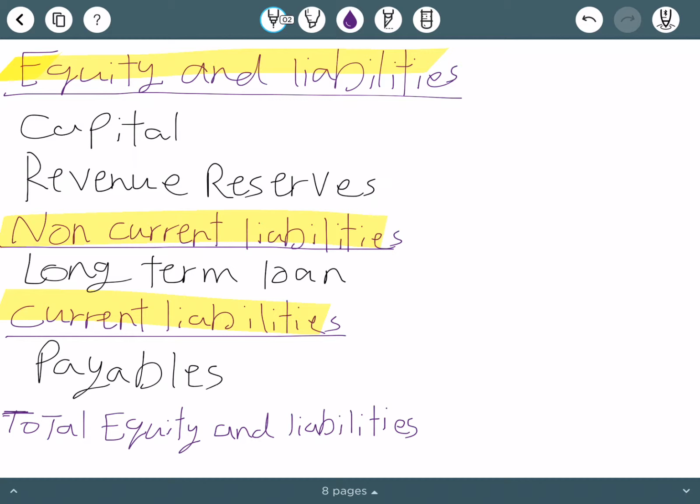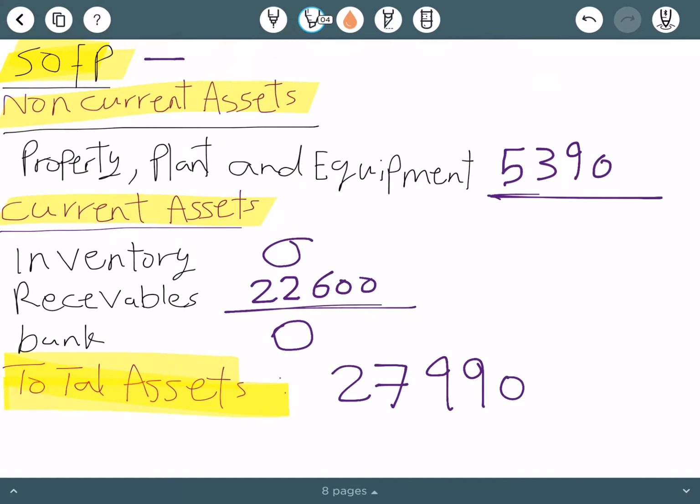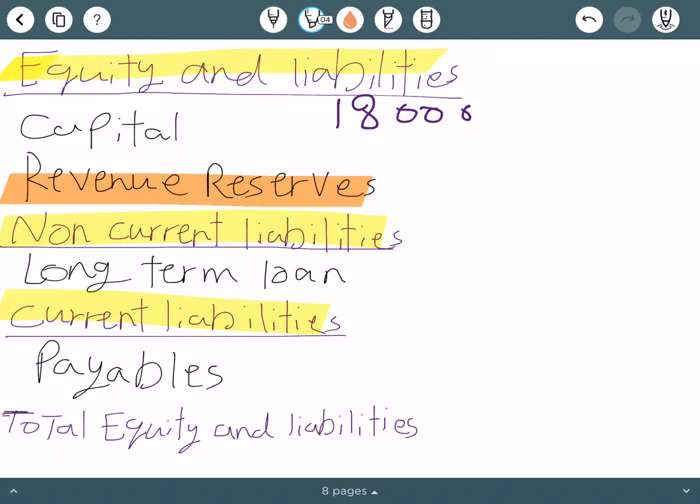Okay, so the capital is also on the trial balance, which is 18,000. Revenue reserves. The revenue reserves are also called retained earnings. We get them from the income statement, which, as I told you, watch my previous video so that you know from where we got the revenue reserves.